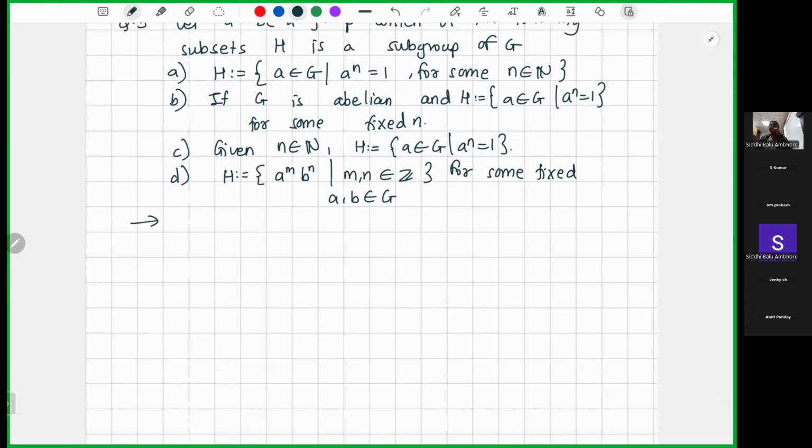Any guesses here or suggestions? Any input from your end, whether the statements are true or false or what is happening?